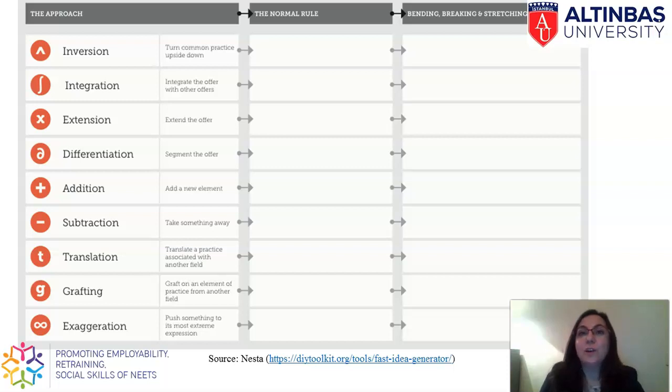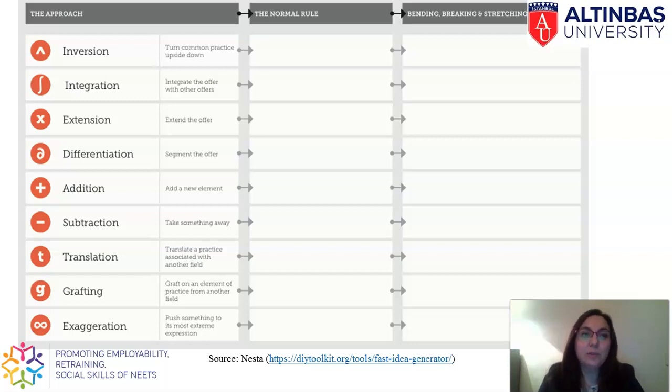Okay, so the bending, breaking, and stretching column should be the inverse version of the normal rule that you have. In that case, if you're trying to solve a problem faced by a hospital or faced by the health system, you can try this exercise.